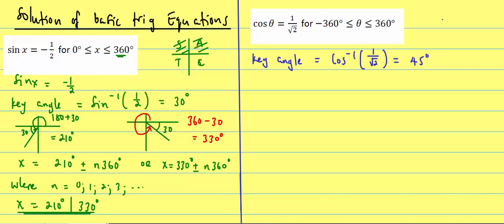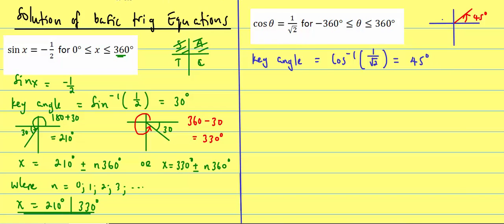Now we have to go to our original equation and decide in which quadrant the solutions are going to lie. You will notice that this is a positive cos theta, so it is going to be in this first quadrant here, inclined at 45 degrees. And the second solution is going to be found in the fourth quadrant.